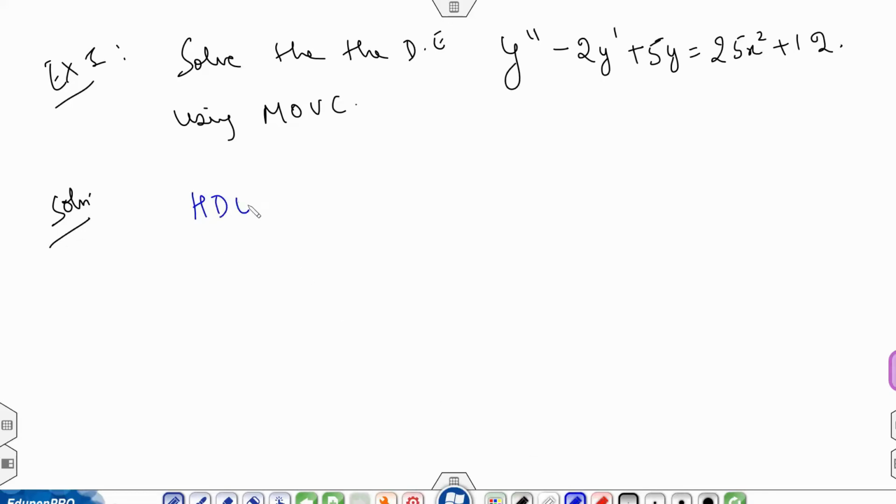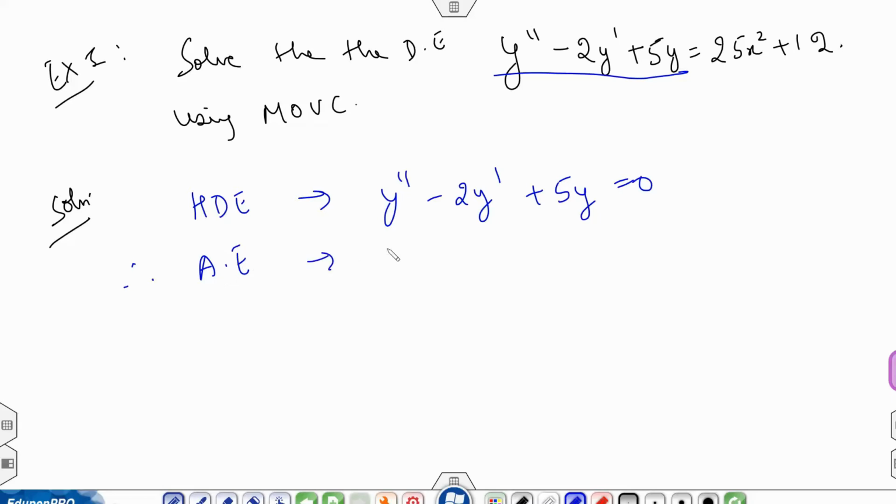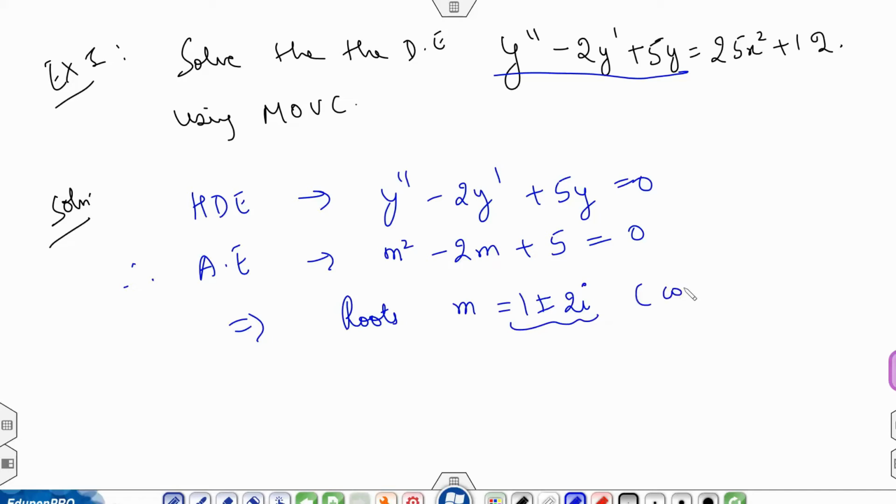The homogeneous equation will be y'' minus 2y' plus 5y equals 0, and therefore the auxiliary equation will be m² minus 2m plus 5 equals 0. This implies that the roots are complex roots.